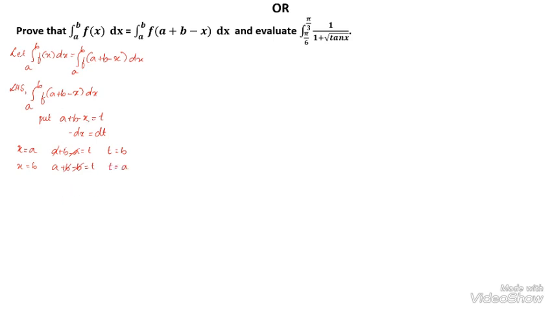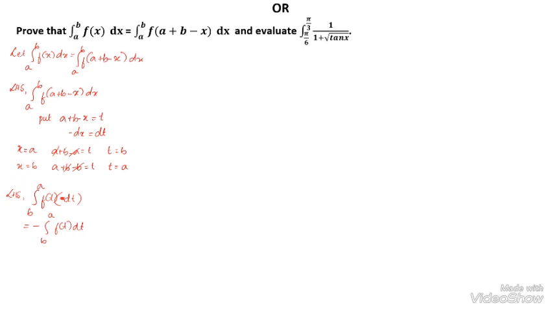When we substitute the limits, we get the new limit points. Now in the LHS part, in place of a we write b, and here a. f of (a plus b minus x) becomes f of t, and dx is minus dt. Taking the negative sign outside, it is the integral from b to a of f of t dt.